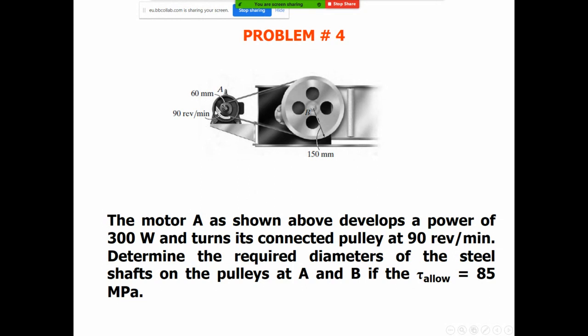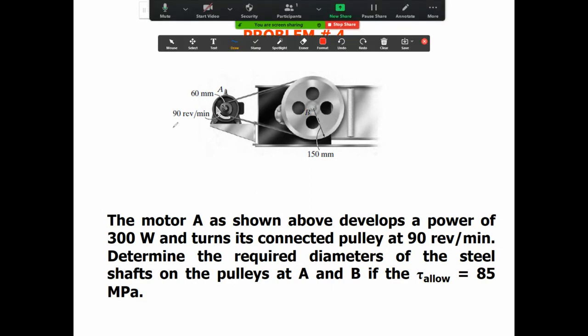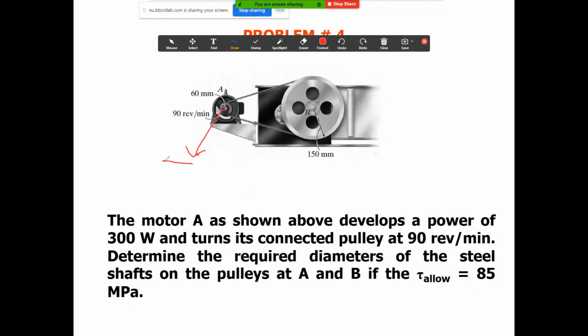So we have the power here, we have the frequency, we can calculate the torque here. See here, guys, what will be the trick. Torque here can be calculated easily from the power divided by 2 pi multiplied by the frequency. Fantastic.